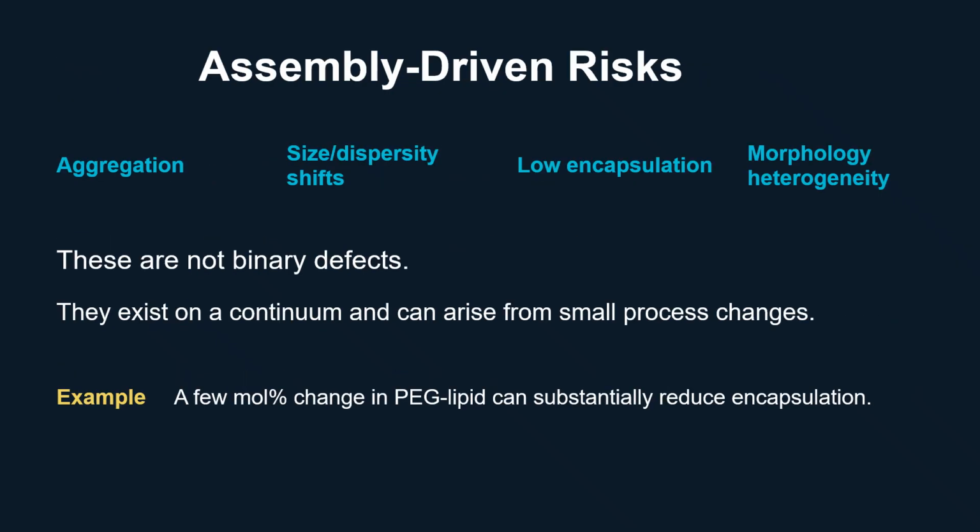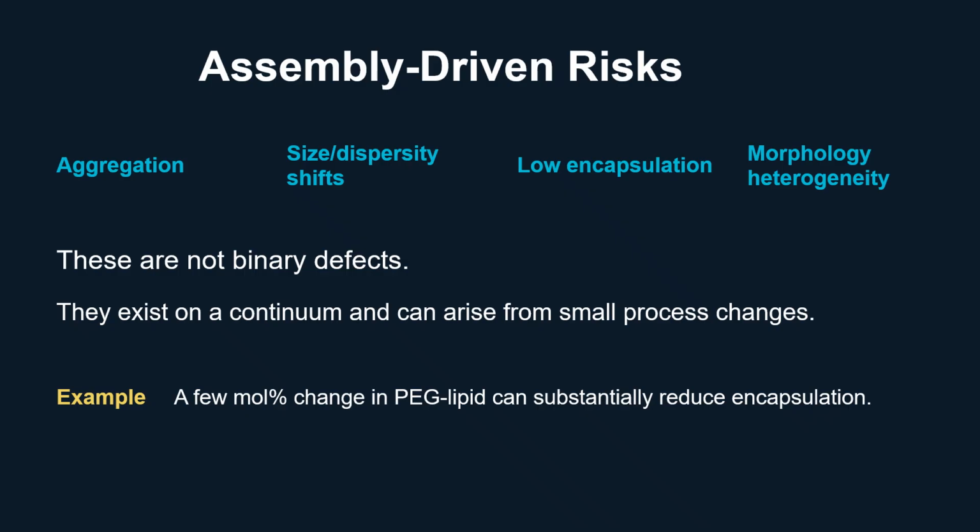Because assembly is so sensitive, a few things tend to go wrong during manufacturing. You can see aggregation, you can see particles drifting in size, you can lose encapsulation, and you can end up with particles that look similar on the outside but not so internally. Small changes in formulation or process conditions can push the system in the wrong direction.